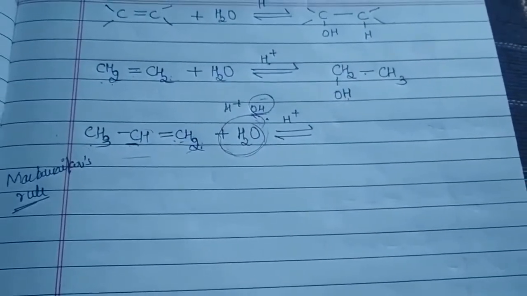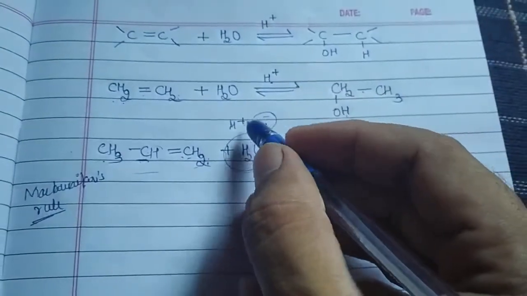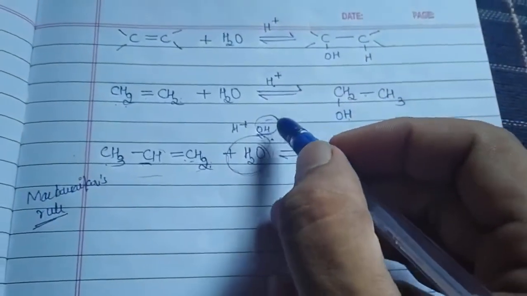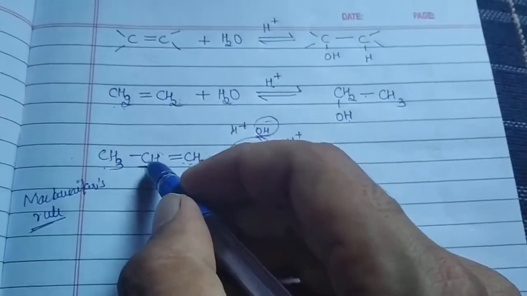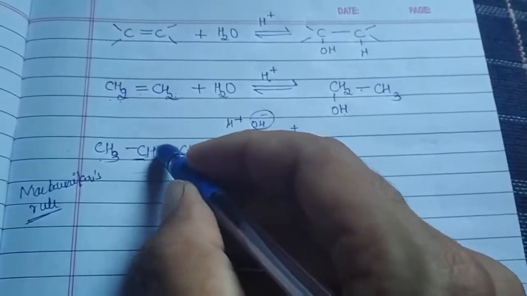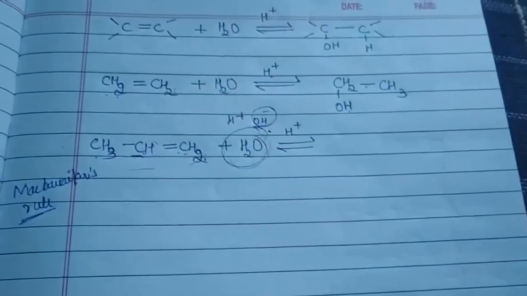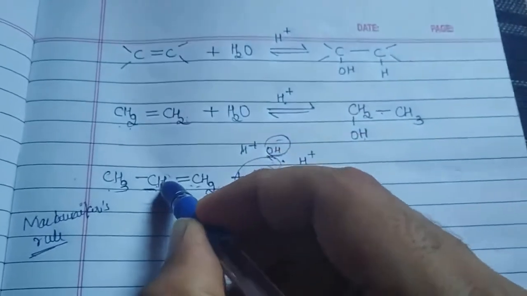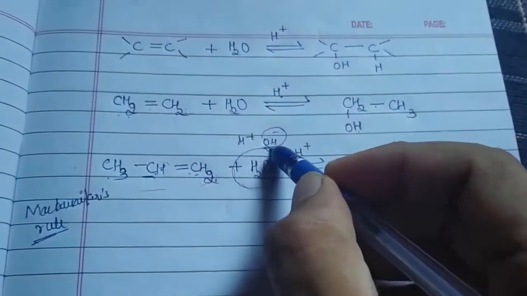I repeat, the negative part adds to the carbon atom containing less number of hydrogen atoms. So for that reason, where should this OH add?